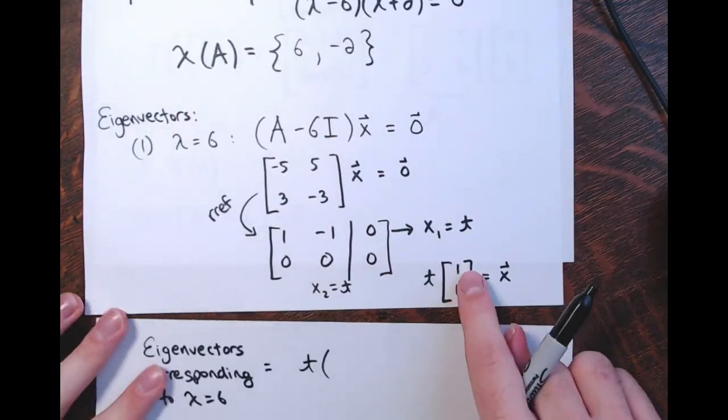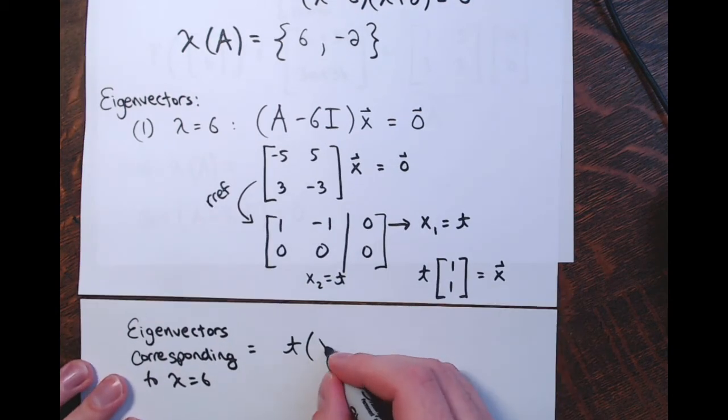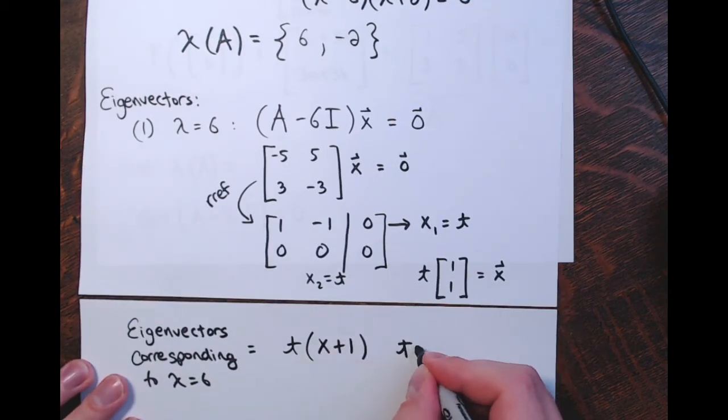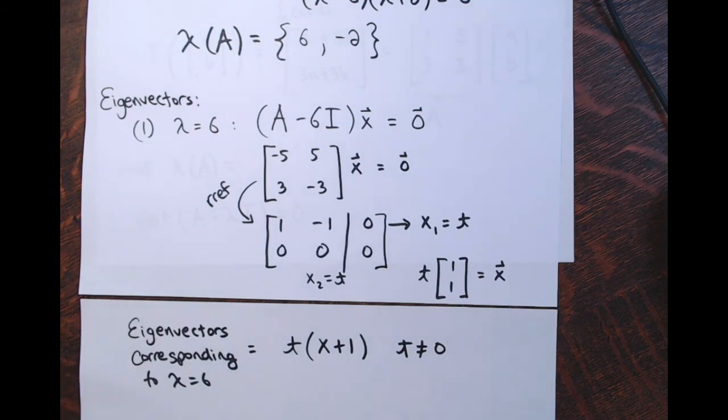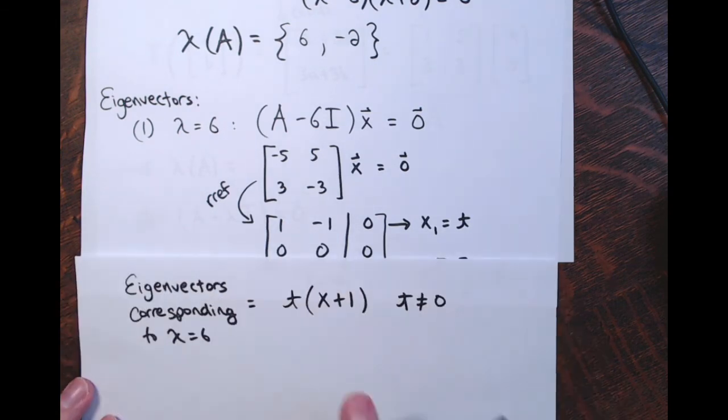That's 1 times x plus 1 times 1. Any multiple of x plus 1, as long as it's not 0. So any multiple of x plus 1, when plugged into this rule, will give me an output that's just 6 times it.